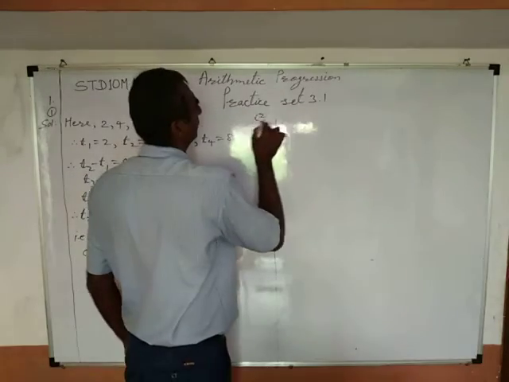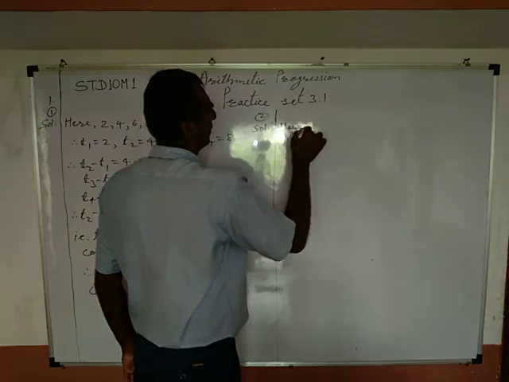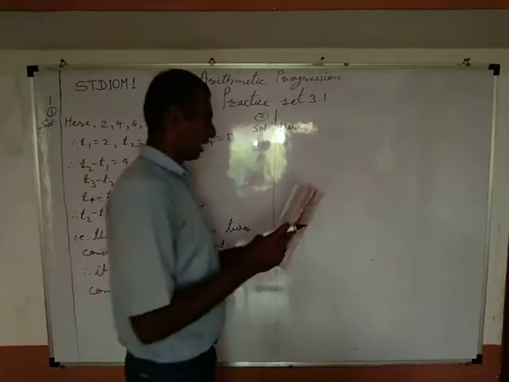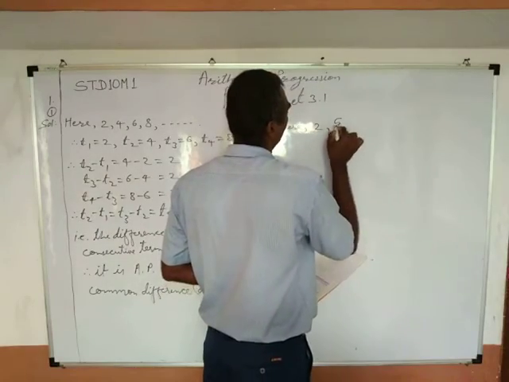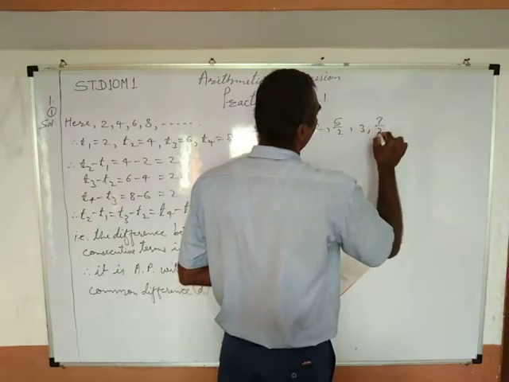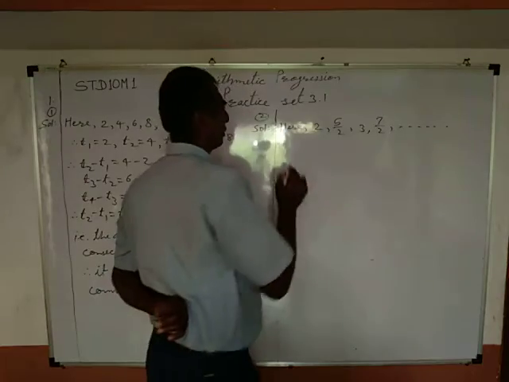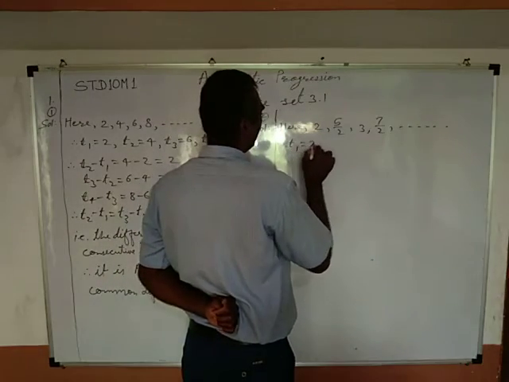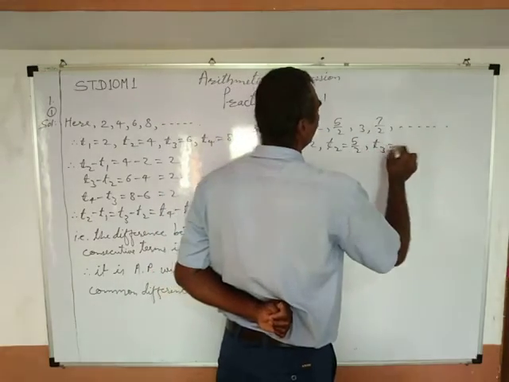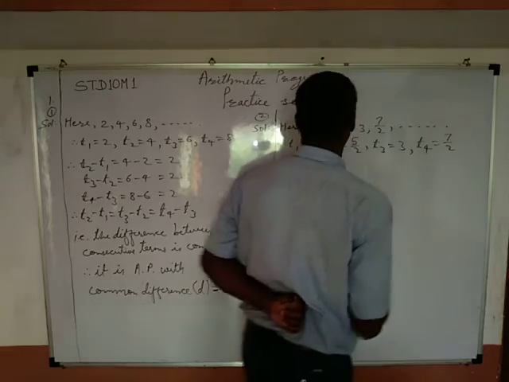Number 2, solution. Here, given sequence is 2, 5 by 2, 3, 7 by 2 and so on. And therefore, T1 equals 2, T2 equals 5 by 2, T3 equals 3 and T4 equals 7 upon 2.